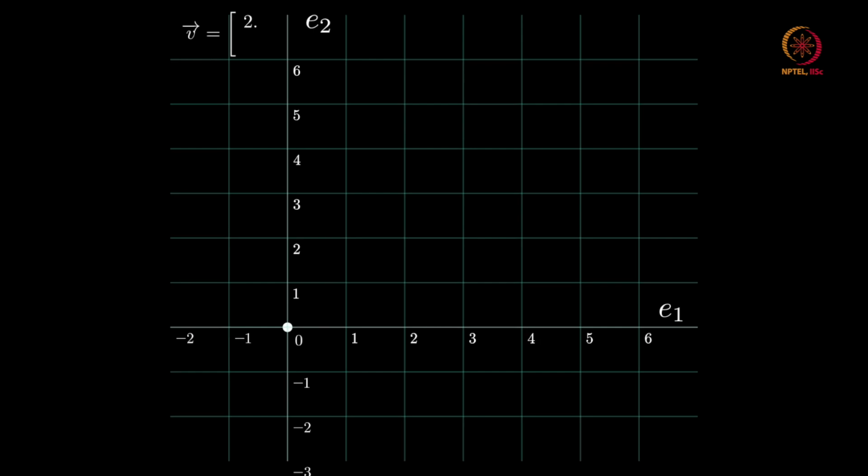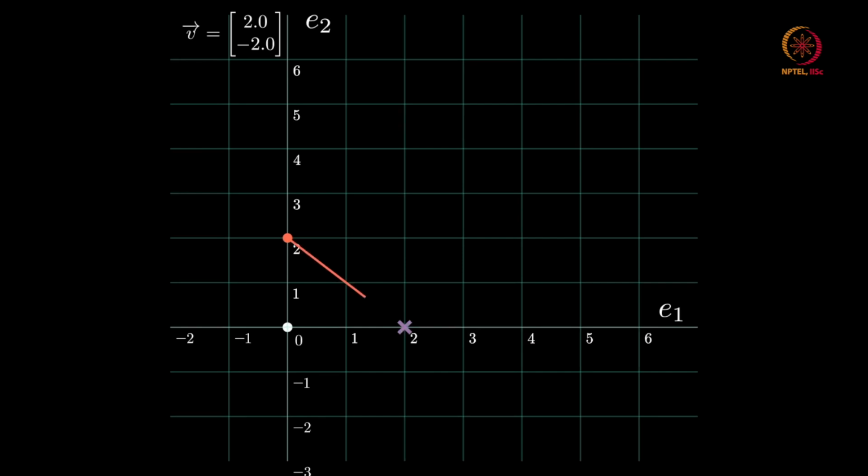Let us try to look at this vector 2 minus 2. This is the vector v that we have. How does this look? Say for example, let us take the initial point to be 2 comma 0 comma 2. Now, we want to go 2 minus 2.